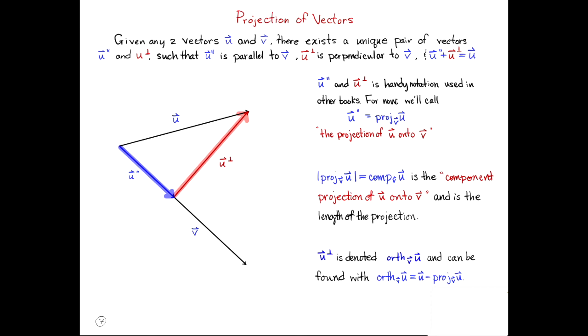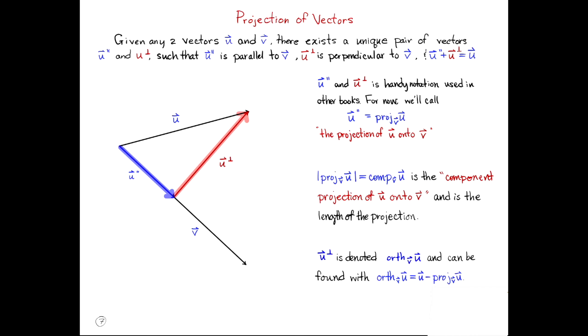It can be rather handy, but for us, we will call u parallel the projection of u onto the vector v. And the magnitude of the projection of u onto v, we call the component projection of u onto v, and that is the magnitude or the length of the projection vector.